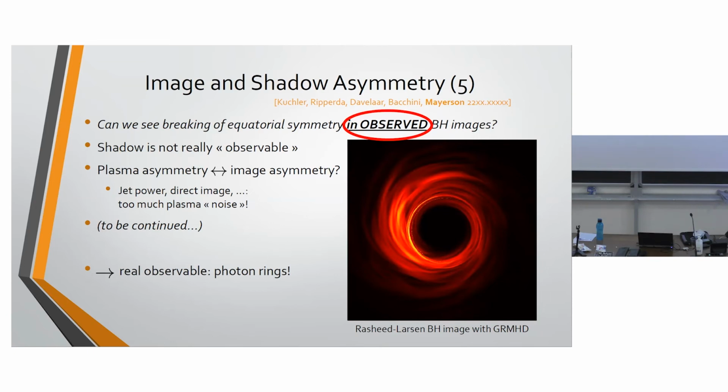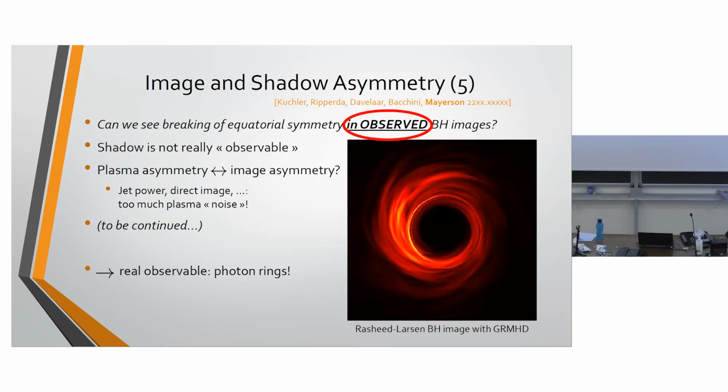And so the plasma asymmetry, or the uncertainties in the plasma, it certainly seems like, at least for any sort of naive, just looking at the image observations, this is not going to help you, right? Because the plasma asymmetry is just going to dominate, okay? And so for things that are directly affected by this, things like the direct image and also the jet power that you get from this kind of setup, you just don't see this asymmetry, right, in general. Okay, so this is to be continued.